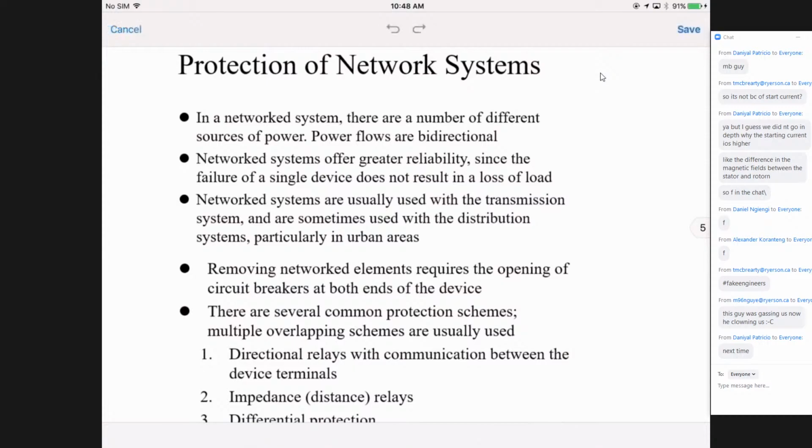Why do we need more sources in a network? Because we want to increase reliability. If one source is gone, the other source will pick it up. If there's only one source coming into Ryerson, when that source is gone, the whole Ryerson will black out. No, we want to put two or three more sources into Ryerson, and then switch to the source with no problem.